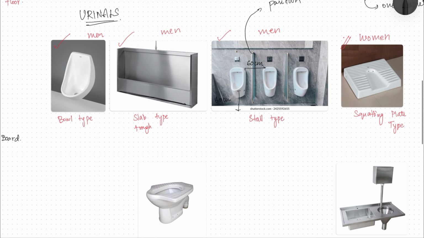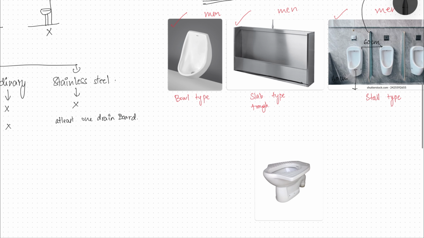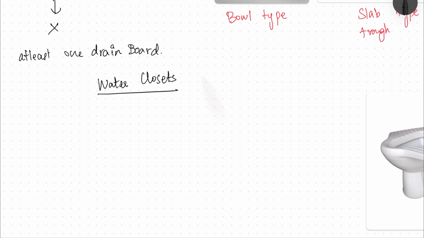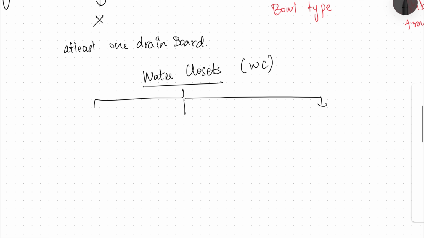Now let's talk about different water closets, which are our toilets. There are three types again. You have Indian, which is our squatting pan type. Then you have Western, where you sit on it, and then Anglo-Indian, which is a mixture of both the Indian and the Western.